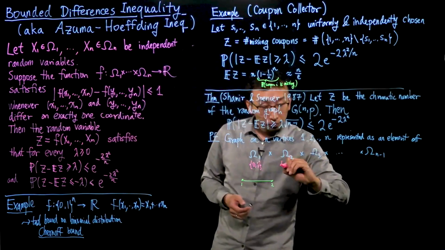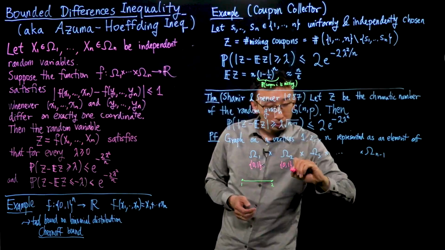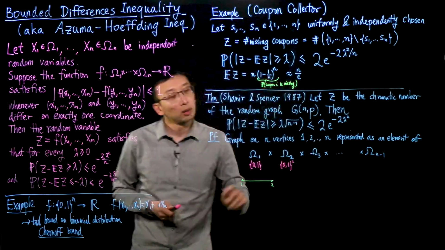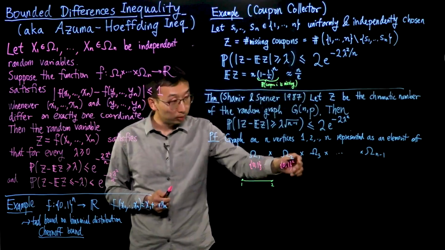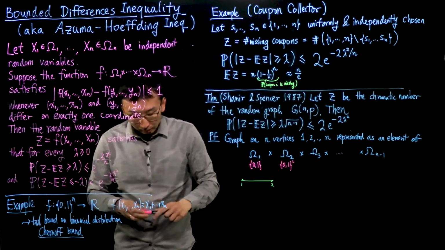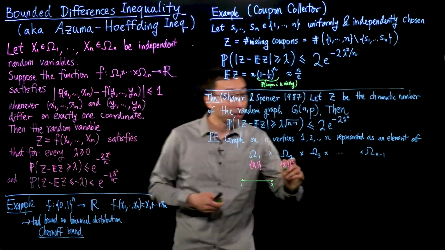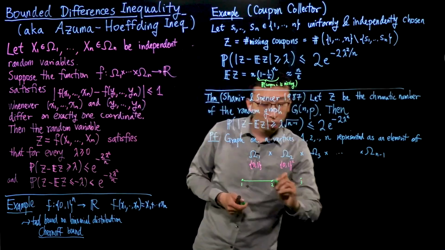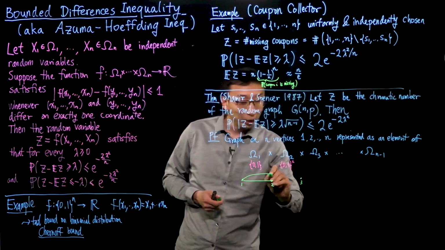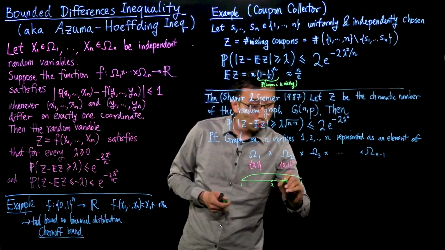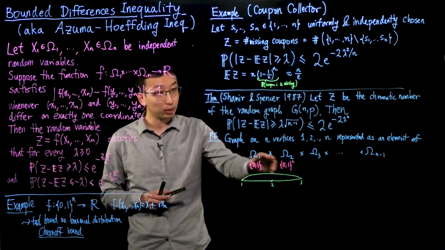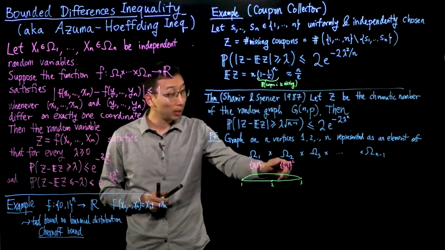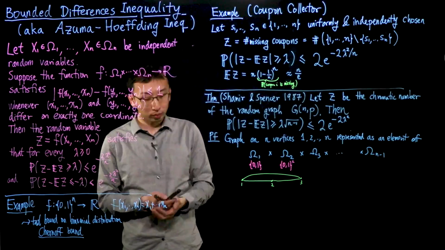Omega 2 is the product set of {0, 1} with itself. And these 2 bits encode whether there's an edge between 1 and 3, and also whether there's an edge between 2 and 3. That information is encoded in the element of Omega 2 that we choose.